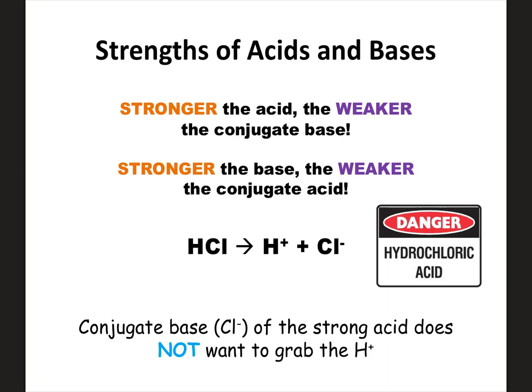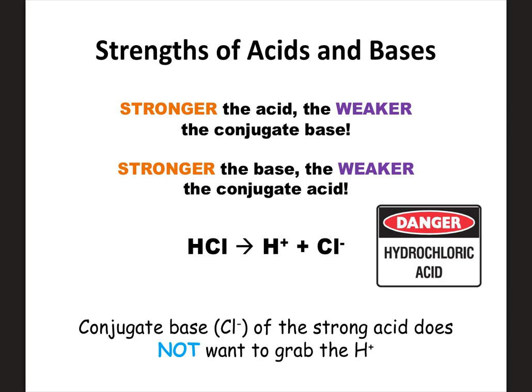Just because you have a weak base doesn't mean the conjugate's automatically going to be strong. It just means that it's stronger, essentially. So just be careful with that idea. But the key here is, the stronger the acid or base, the weaker the conjugate is going to be. Notice for this one, the conjugate base here, the Cl-, doesn't want to grab that H+.